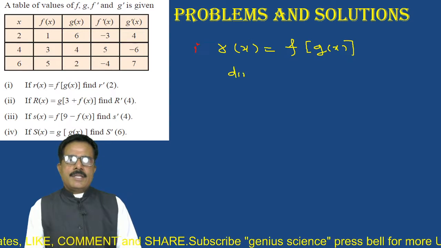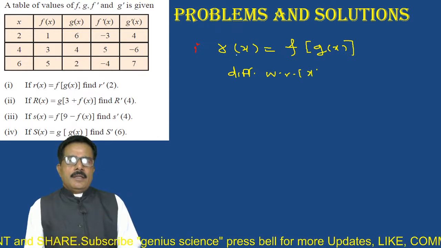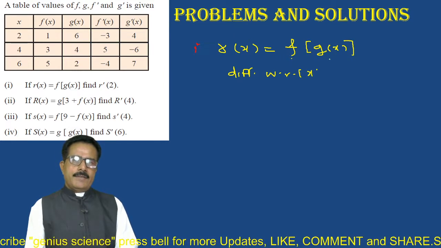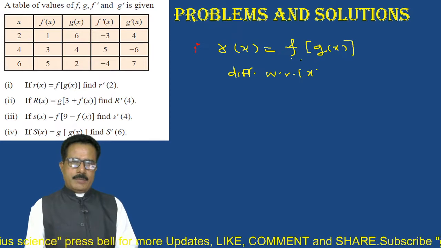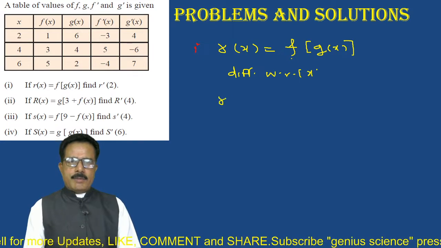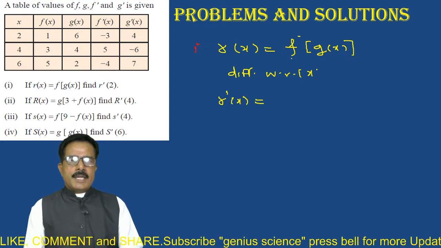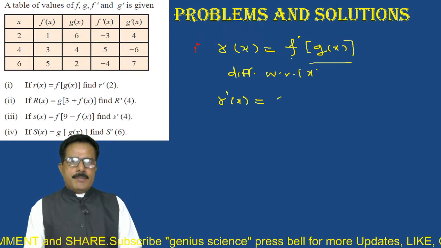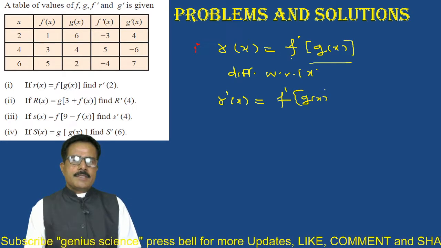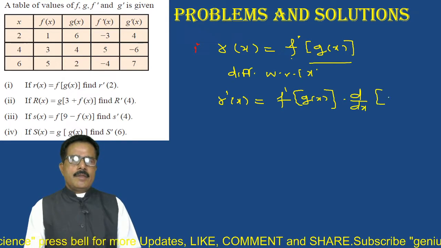Now differentiating with respect to x, r is the composite function because r is of f and f is again a function of g. Therefore, differentiate this composite by the chain rule. Differentiating with respect to x, r dash of x is equal to, first of all take the derivative, keep the inner as it is, that means f dash of g of x into d by dx of g of x.